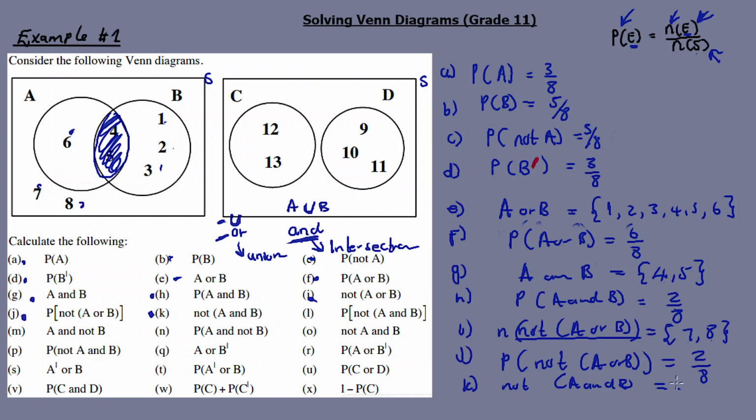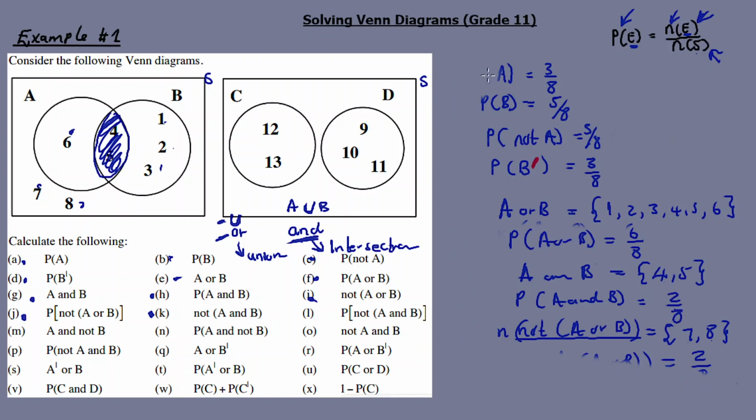See our list of outcomes: 1, 2, 3, 6, 7, and then 8. Now again, I'm going to erase everything because I am running out of space to write, then we will do L and the others.